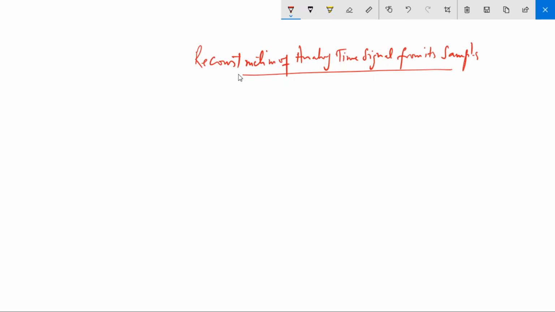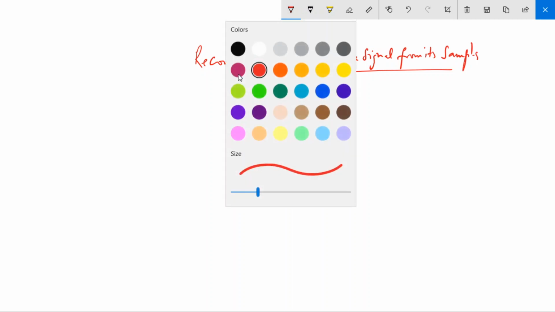Sampling in general is a non-invertible process. It means you have a continuous time signal, you sample it, you get a discrete signal. So it is not always true that you can recover the continuous time signal from its samples. You can recover only if the sampling rate is greater than twice the maximum frequency. If it is less than this, you will get aliasing problems, which you have already studied.